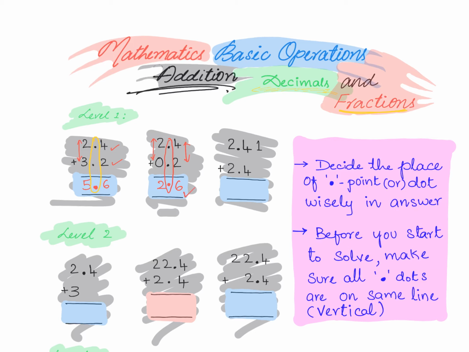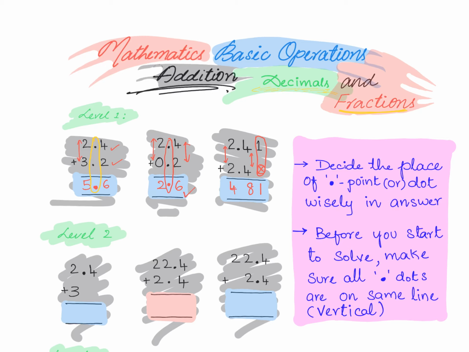Now coming to the third one, here we have in the last column 1 and nothing over here, so no problem, we just consider it to be 0. So 1 plus 0 is 1, and 4 plus 4 in the next column is 8, and 2 plus 2 in this column we get 4.